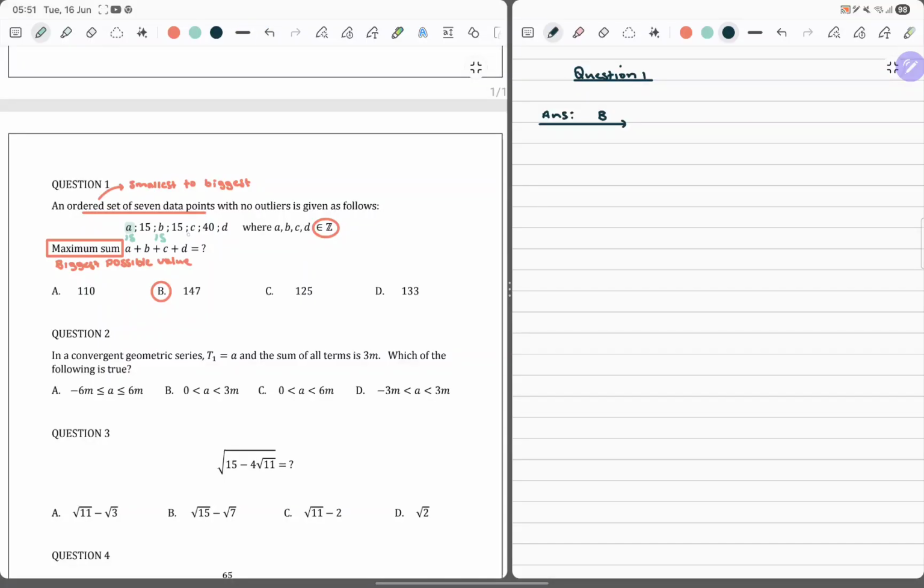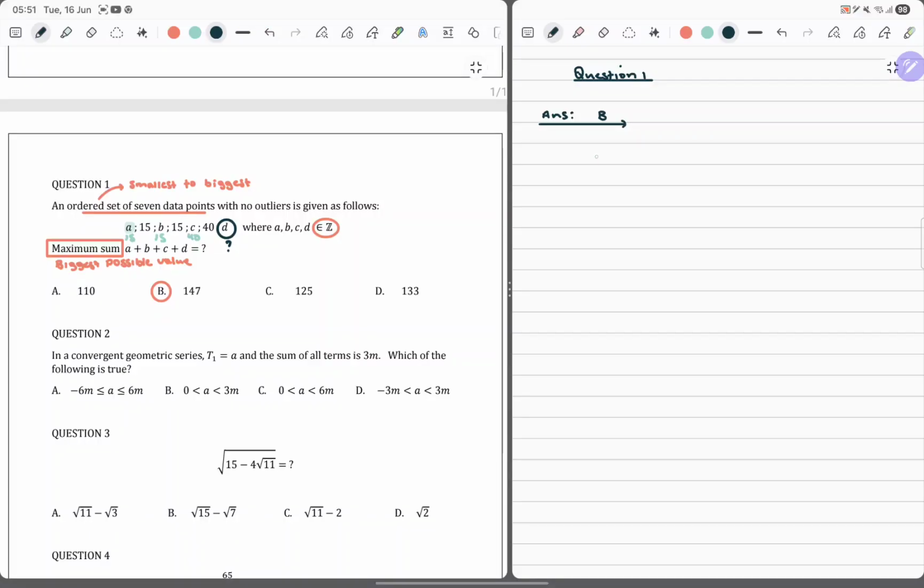Looking at C, it should be 40 if we're looking at the biggest possible value. But the problem would come with D. D can be any other value in range, or within the domain, so to speak. We cannot really ascertain what value that should be. Even if we don't know that for sure, we certainly understand what the question requires.